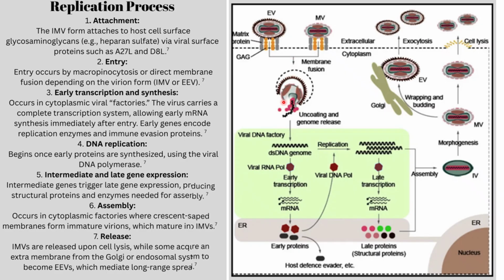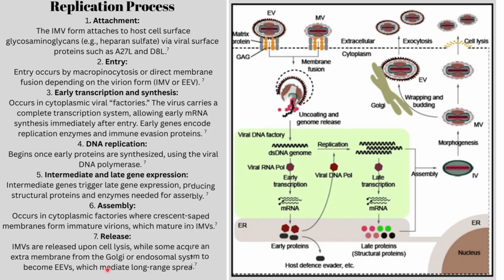Once inside the cytoplasmic viral factories, the virus carries a complete transcription system, allowing early mRNA synthesis immediately after entry. Uncoating occurs. All the necessary enzymes start their replication process immediately. DNA replication begins once early proteins are synthesized, using the viral DNA polymerase.